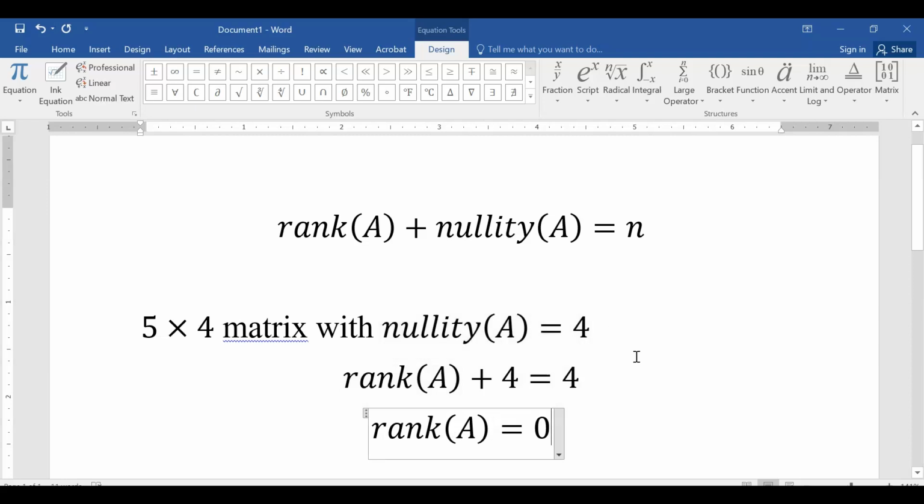By the way, if the rank is 0, that tells us something about the matrix: the column space is the trivial subspace. Okay, so there we go.